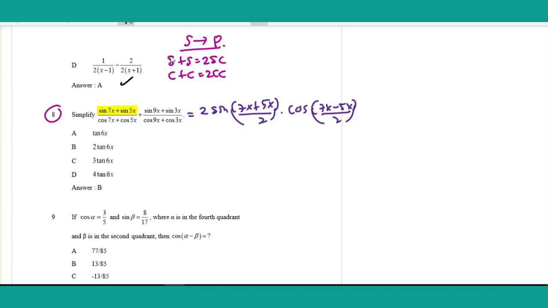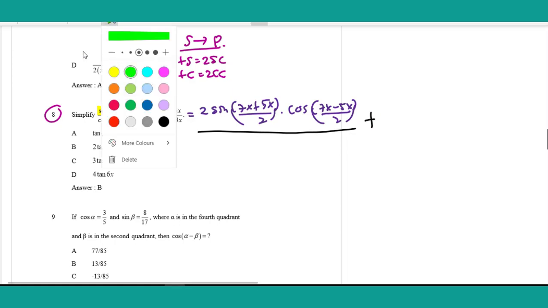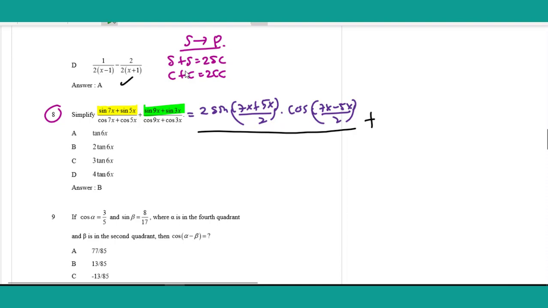The second part is also sin plus sin, which equals 2 sin cos. This one is 2 sin of (9x plus 3x) over 2, times cos of (9x minus 3x) over 2. That is the numerator. What about the denominator?